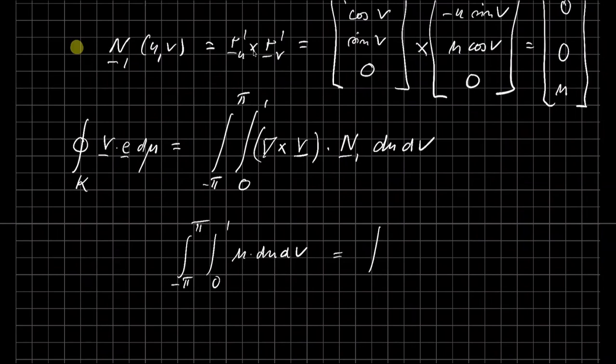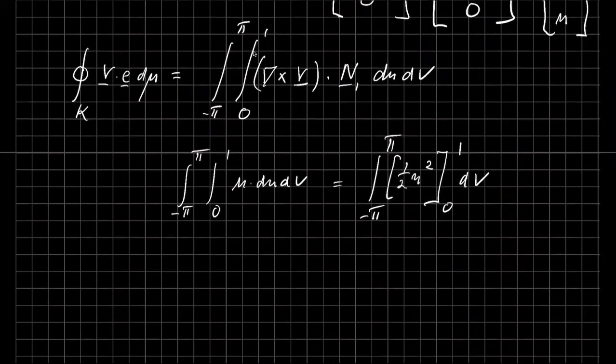This will be 1/2 u squared between 0 and 1, and there's nothing from the lower limit. So it will be 1/2, and then the integration along v will be 2 pi. So this will be pi. So this is the circulation.